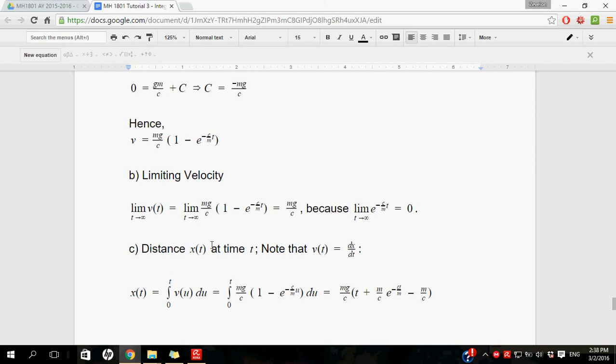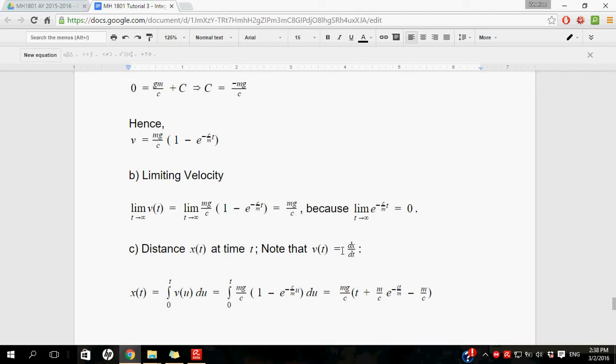What about distance at time t? Well, we note that distance is related to the velocity, in that velocity is the rate of change of distance x with respect to time, i.e. dx/dt.